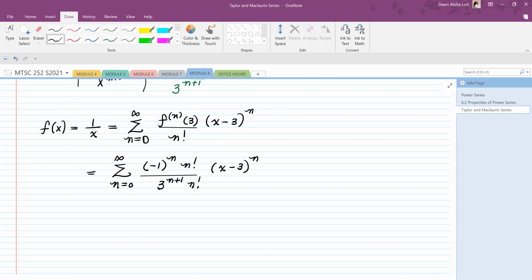So when I am done, I have the f of x equaling 1 over x, the sum n equals 0 to infinity, minus 1 to the n over 3 to the n plus 1 times x minus 3 to the n.